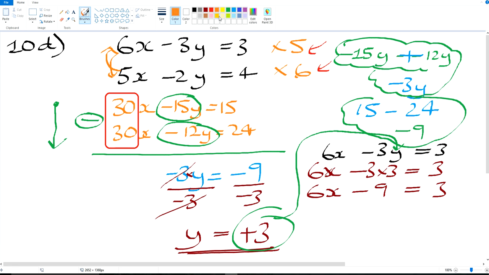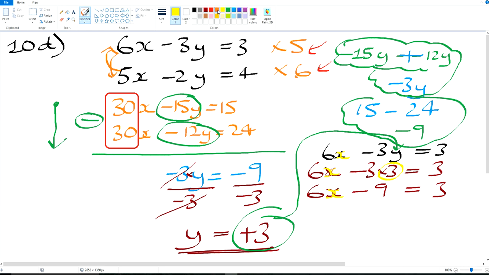So now, let me highlight in a nice bright yellow what we're trying to work out. We're trying to work out the x. So we've got to make the x the subject. So we are solving for x. We've done a substitution first, which was here. And now we are rearranging and making x the subject, or solving for x. So let's solve.